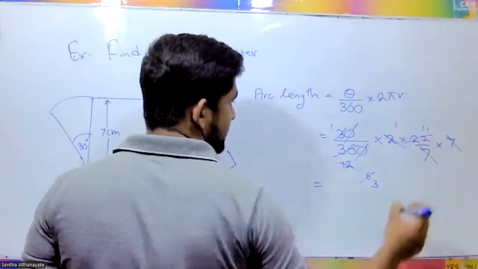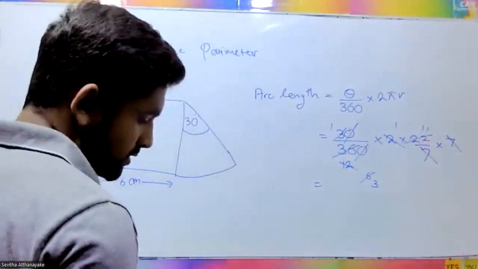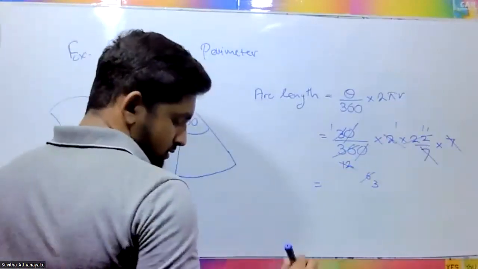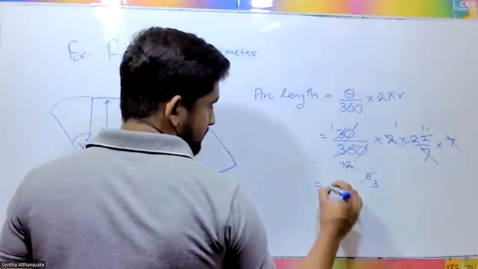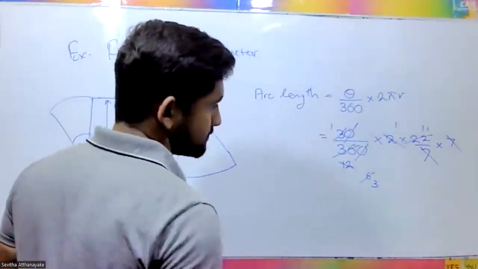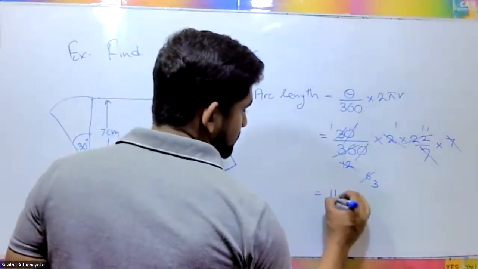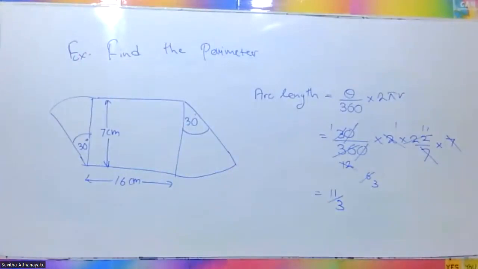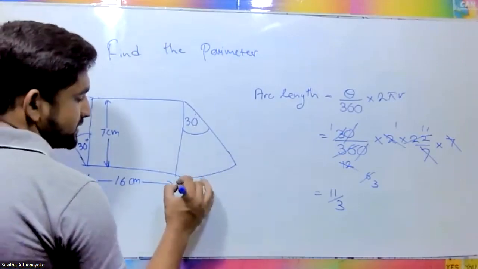Here 3 and here 11. So this will be 11 over 3.